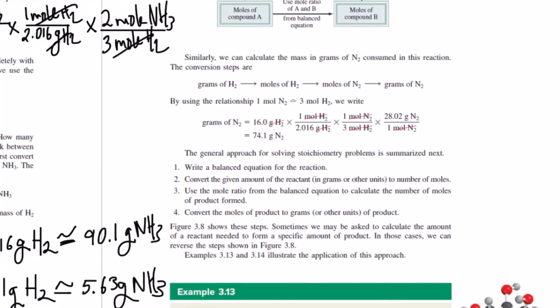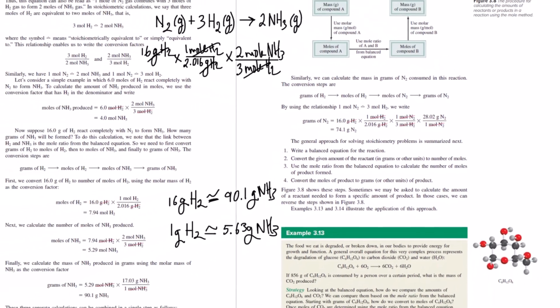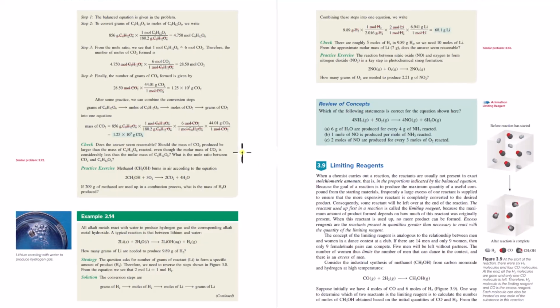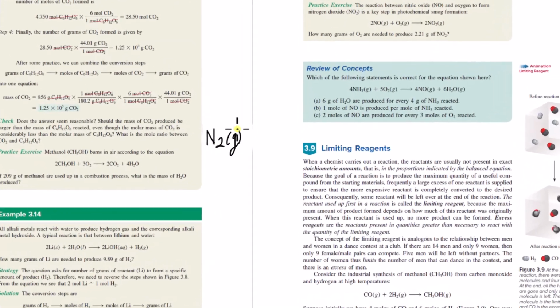Okay, but now, to be able to fully analyze any chemical reaction, chemical equation with stoichiometry, there's something else we need to consider. So, okay, let's say we have the reaction.